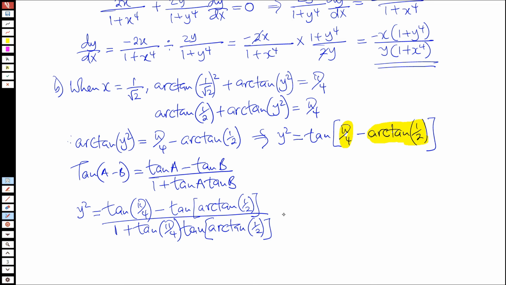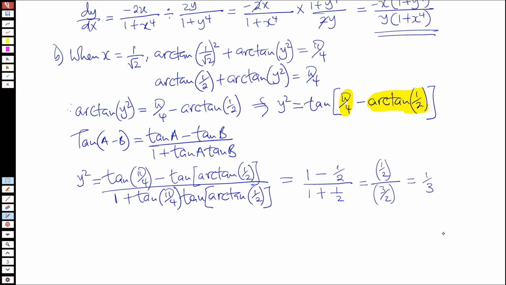So this will be equal to 1 minus a half, and then we have 1 plus a half, so you just end up with a half over 3 over 2, and that will be equal to a third.